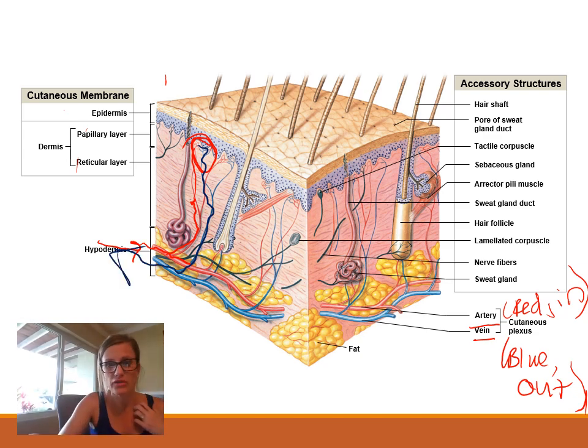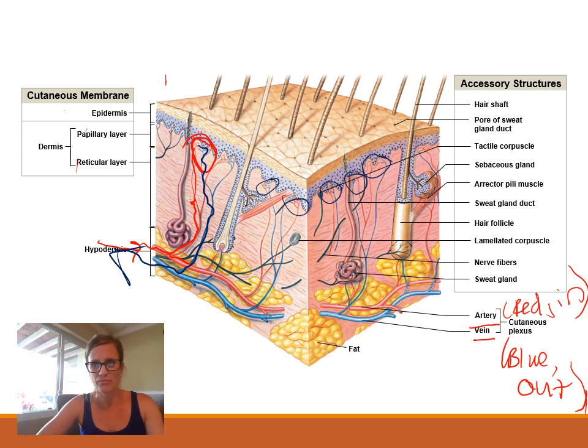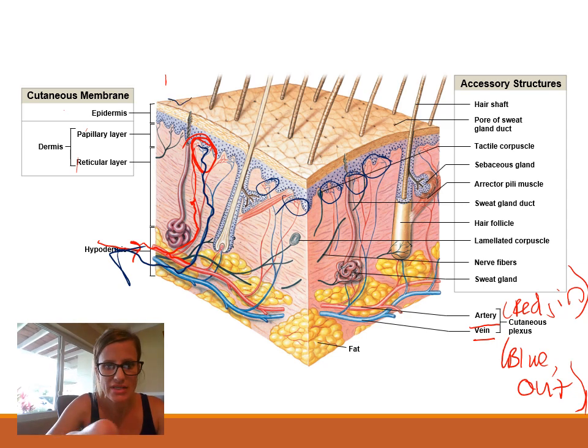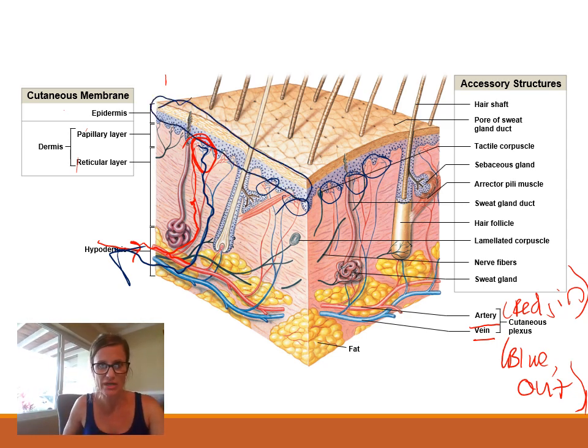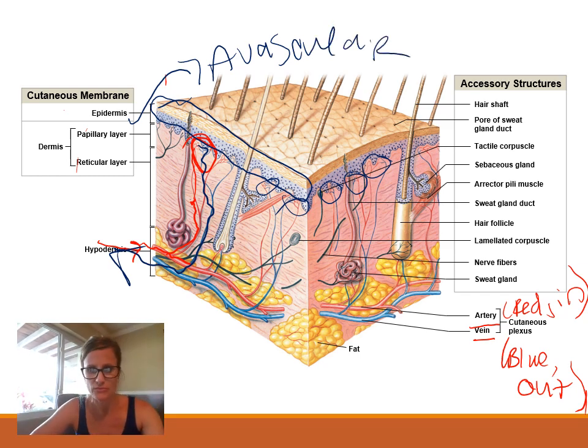So the blood flows all the way up to the very top of the dermis, and then it stops. You'll notice those blood vessels do not enter into the epidermis. So this area at the top does not have any of those blood vessels present, because remember, we said that the epidermis is avascular. No vessels.